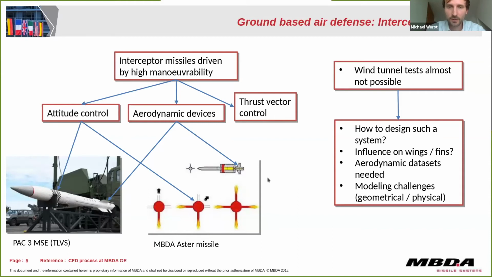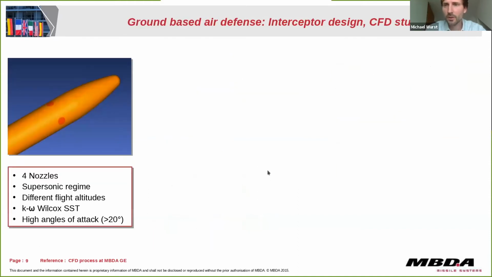I have now a simulation result which I did. It's a pre-design of such a system where I have placed 4 nozzles in the front of the missile. I simulated it within the supersonic regime at different flight altitudes with a k-omega turbulence model.